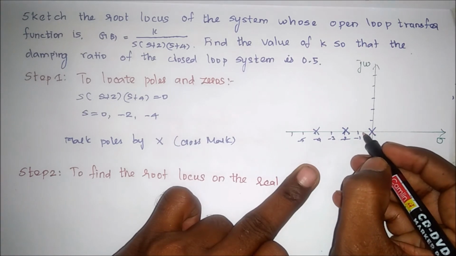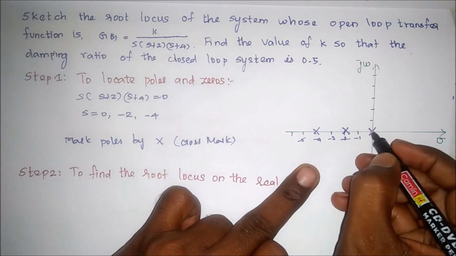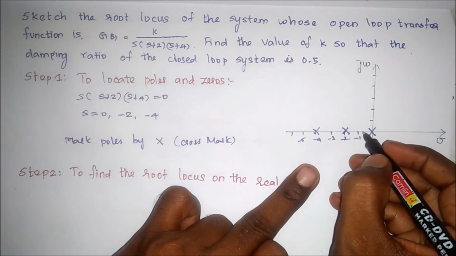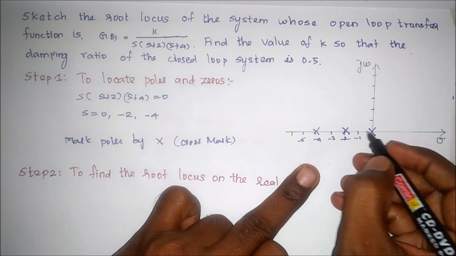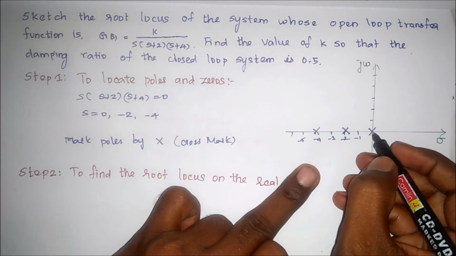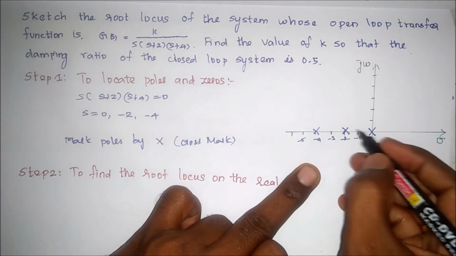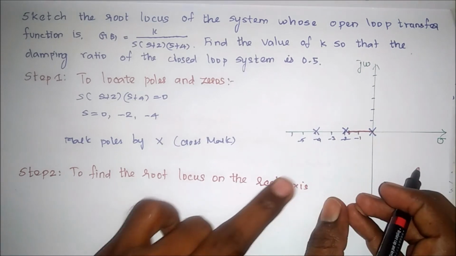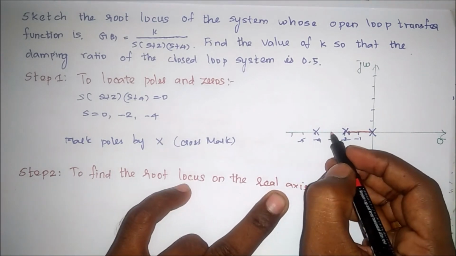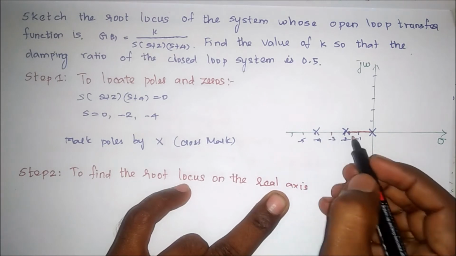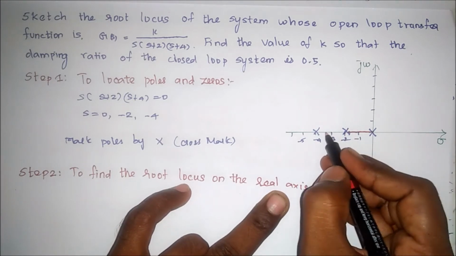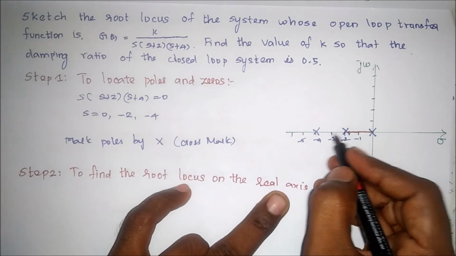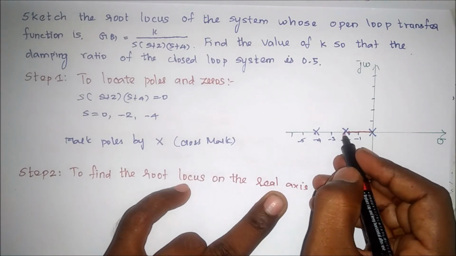If the test point is between these two poles, on the right side there is an odd number of poles, only one pole. Therefore, from this point to this point, definitely there is root locus. If a test point is here, after this point there are an even number of poles. Therefore, from this point to this point, it will not be a part of the root locus.